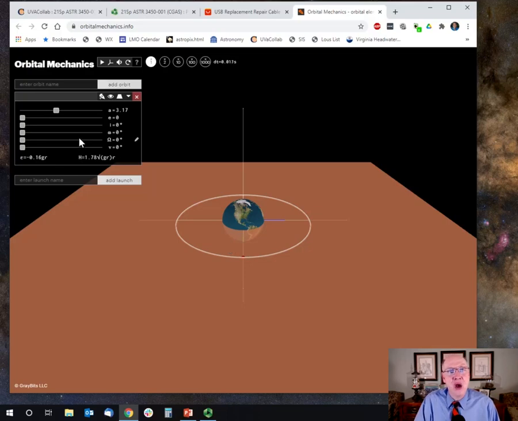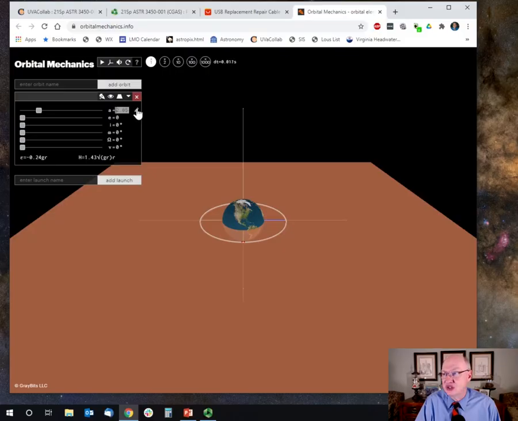Now, here's the thing. Most satellites that we think about are at very low orbital altitudes. That is, their orbital radii compared to the radius of the Earth is quite small. Let me give you an example. The International Space Station has an orbital radius of 1.066 Earth radii.